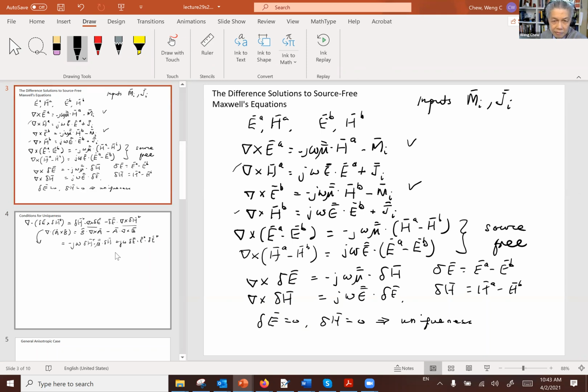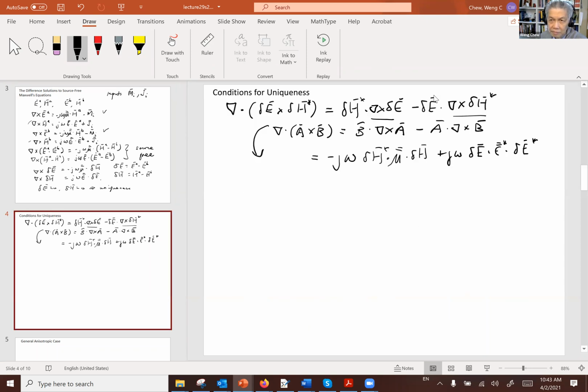And then when you do things correctly, then the second term just becomes that. Okay, and then the minus sign cancels each other. You have this. We're assuming that omega is real in this proof, so that omega need not be complex conjugated when we write down these Maxwell's equations.